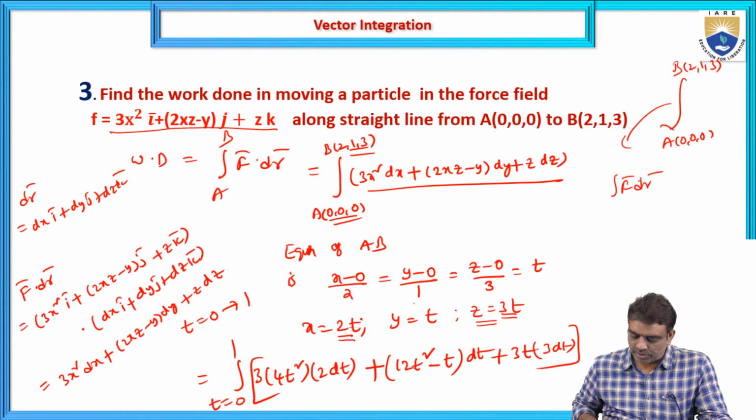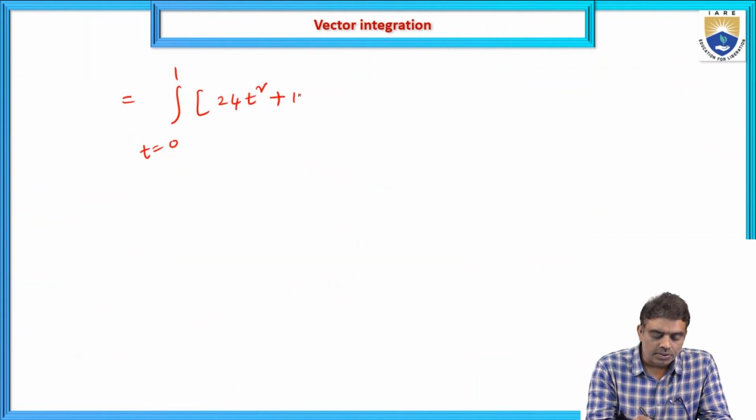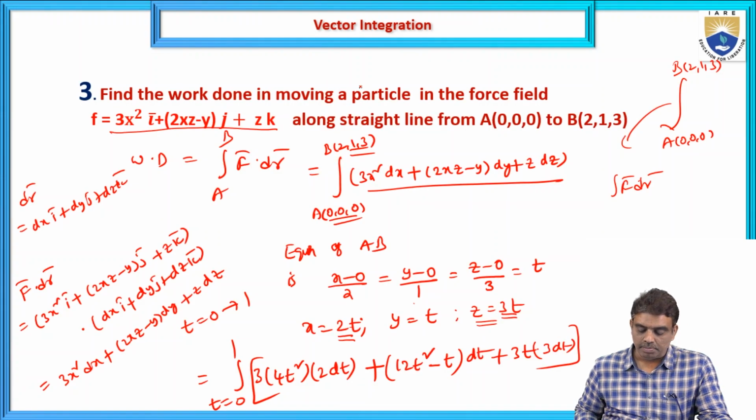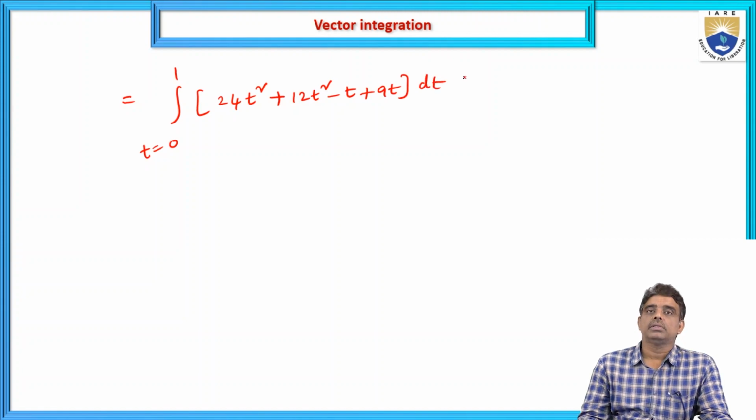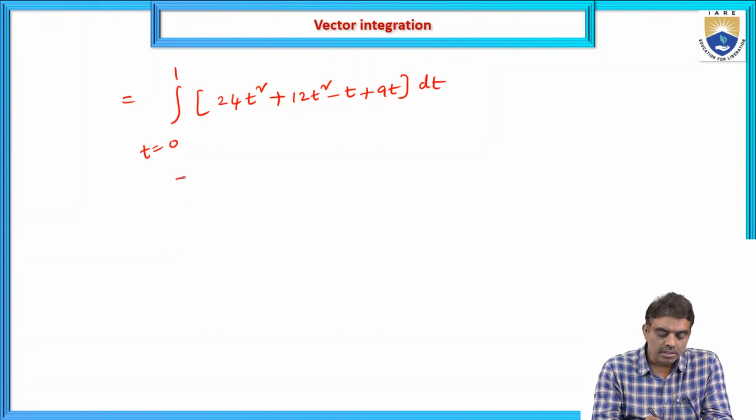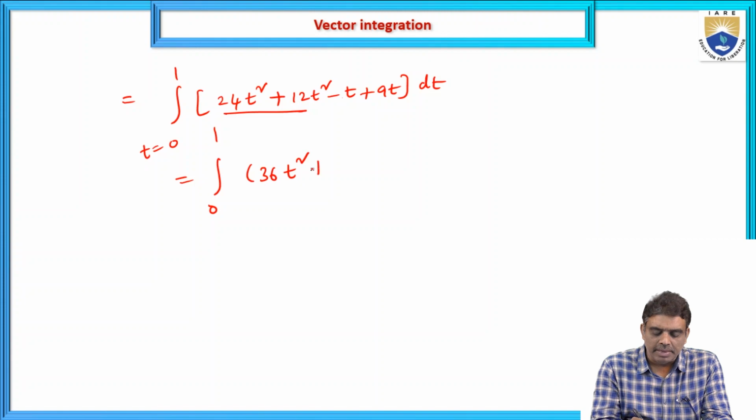Next, (12t square minus t) dt is the common term, plus 3t into 3, that is 9t, dt. So almost going to finish. It is 0 to 1. 24 plus 12, 36t square, and 9t minus t, that is 8t, dt.